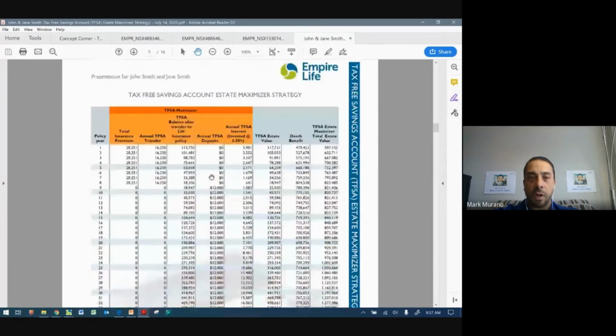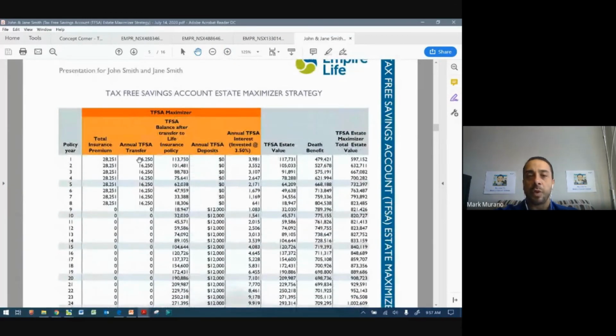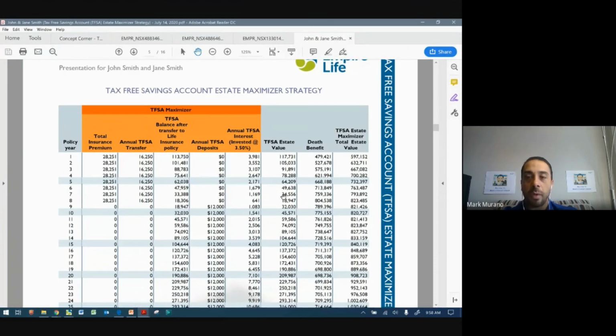And then here's the page we talked about a little bit before, where we looked at the $28,000 going in as insurance premium, TFSA balance being diminished and going towards insurance. And then we start picking up our $12,000 TFSA deposits as the years go on. So TFSA value plus death benefit equals overall estate value, increasing the overall legacy or amount left to said client. So that is a bit of the TFSA Maximizer.